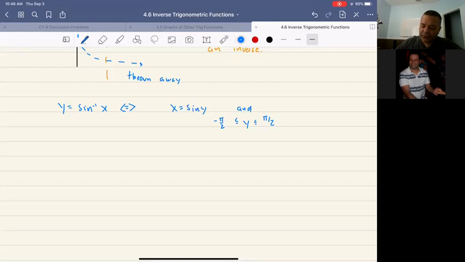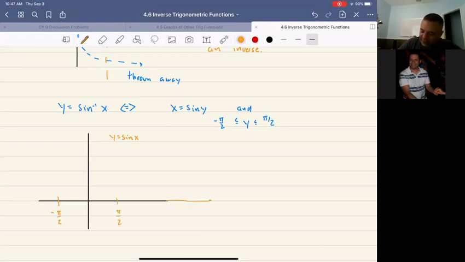Let's start with the graph of y equals sine of x, and I'm going to start it here at negative pi over 2. Actually, I'm not really going to start it there, I'm just going to extend it.